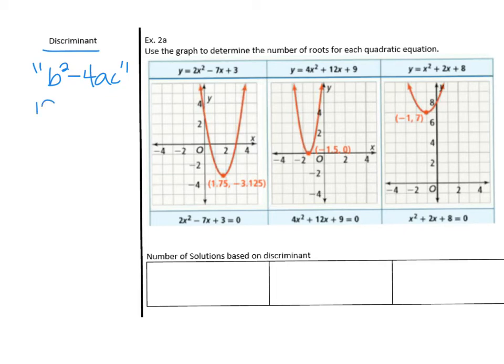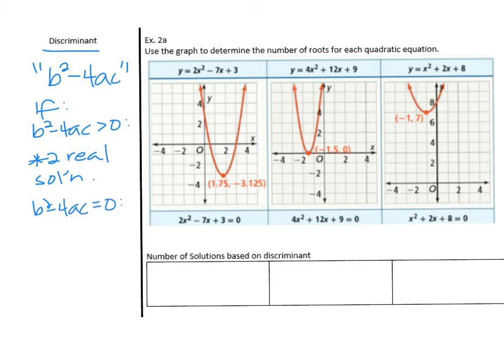If b squared minus 4ac is greater than 0, so a positive number, that means you have 2 real solutions for your graph, which means you have 2 actual x-intercepts. If b squared minus 4ac equals 0, so that the square root cancels out, you have 1 real solution.